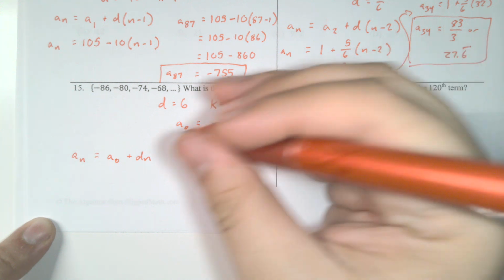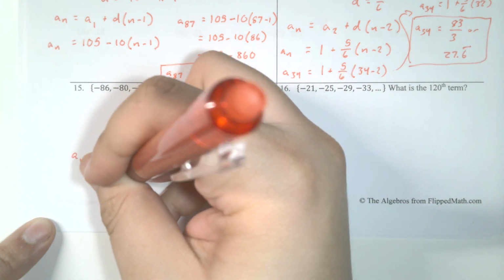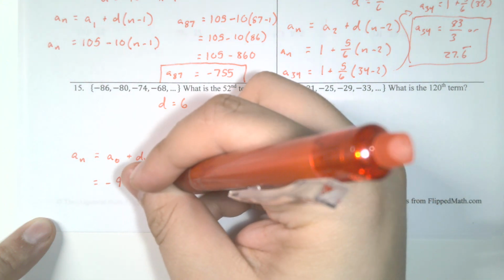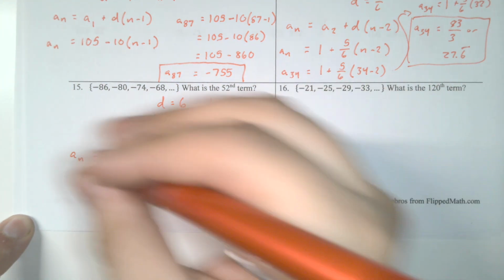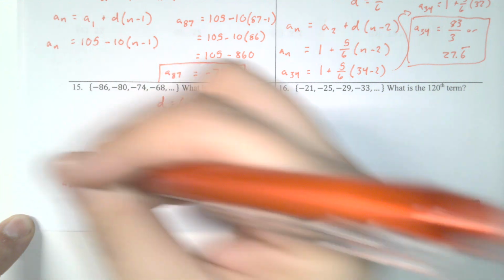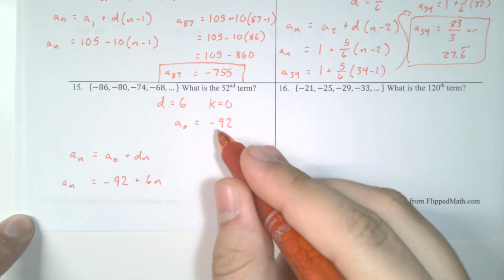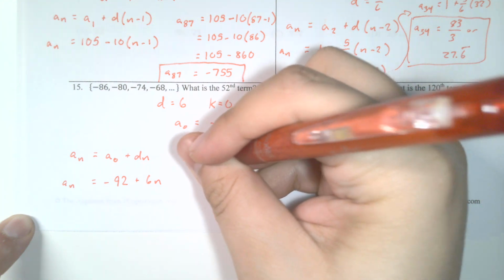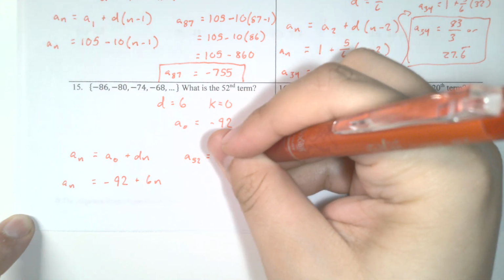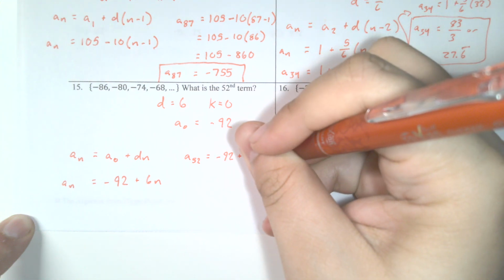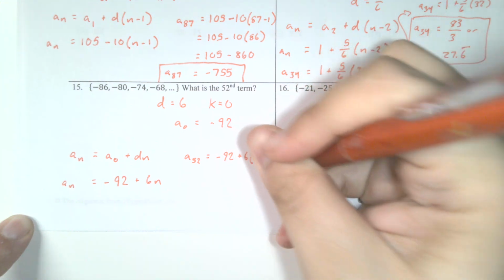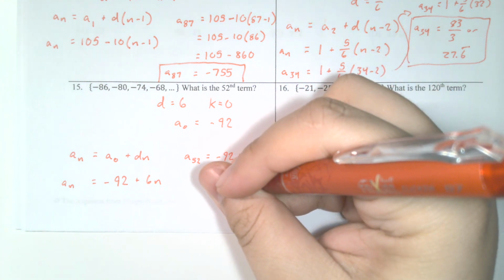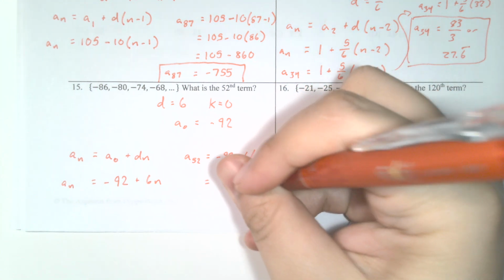A sub 0 is negative 92, and our common difference is 6, and then times n. So this is our general formula, and now we want to figure out what the 52nd term is. So a sub 52 is going to be negative 92 plus 6 times 52. And if you throw that into your calculator, that is going to be 220.